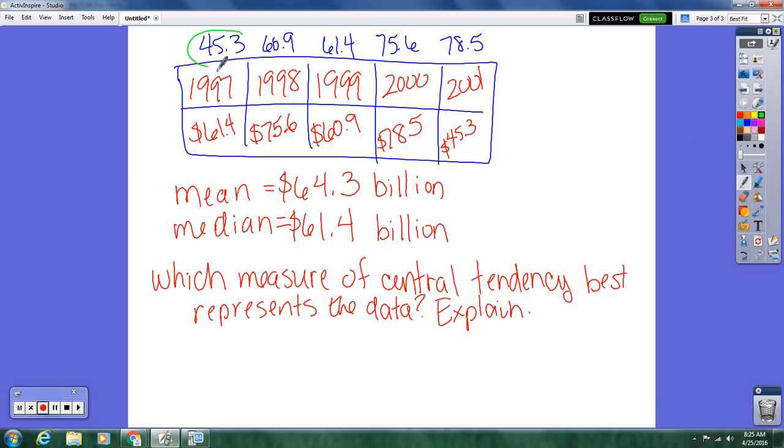Does this number right here, is it representative of all the other numbers, or is it further away from all of them? It's further away from all of them. And these are in the 60s and 70s, and all of a sudden you've got something that's 15.4. You may know what that's called? Outlier? It's an outlier. So, not a major outlier, but it is kind of far away from the data.